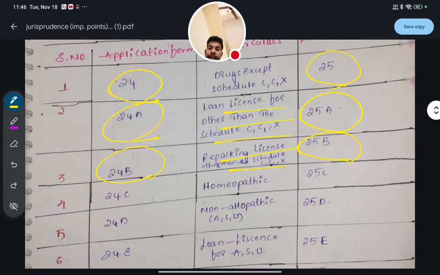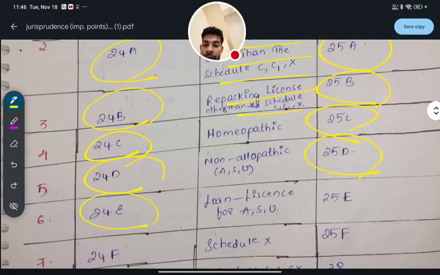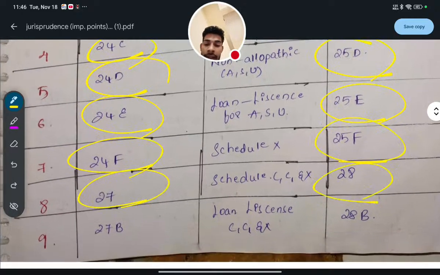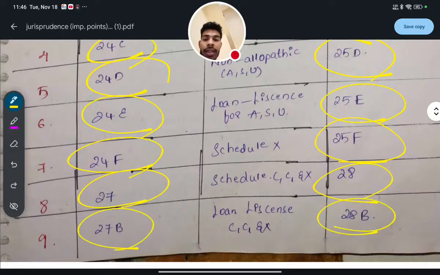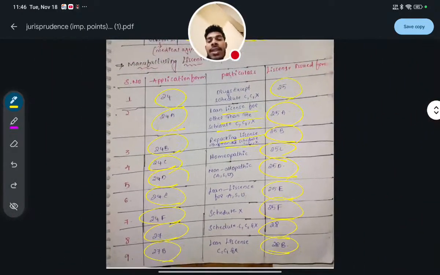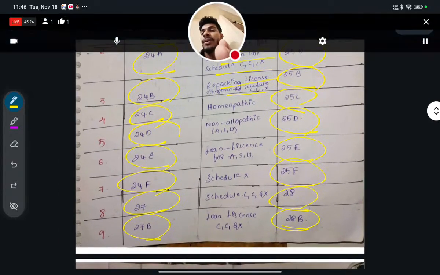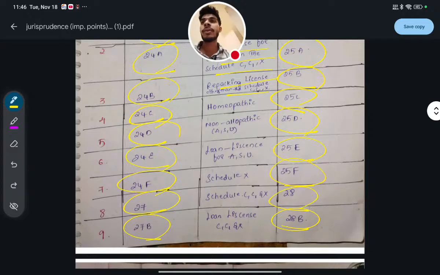See, one thing I'll tell you: 24B, 25B, 24C, 25C, 24D, 25D, 24E, 25E, 24F, 25F, 27, 28, 27B, 28B. For the license form, you can simply increase one from the application form.